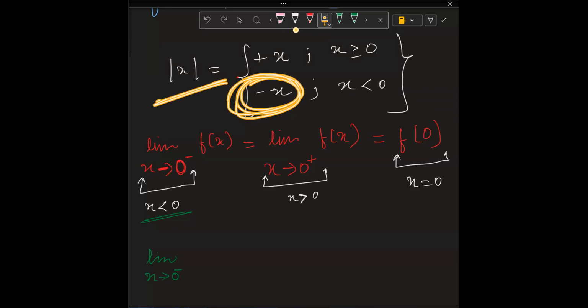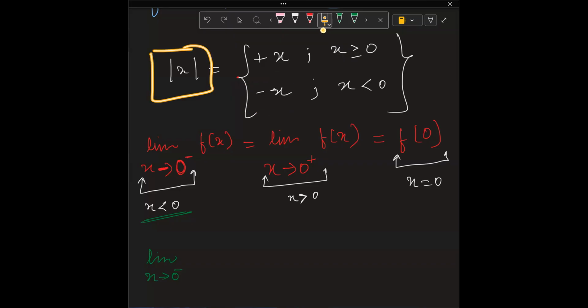Your modulus of x is minus of x when x is less than 0. Yes. Understood? आपको ये पता नहीं है क्या, कैसे चेक करते हैं फंक्शन? फंक्शन की वैल्यू क्या होगी? मॉडुलस ऑफ एक्स प्लस एक्स होगा या माइनस एक्स होगा?